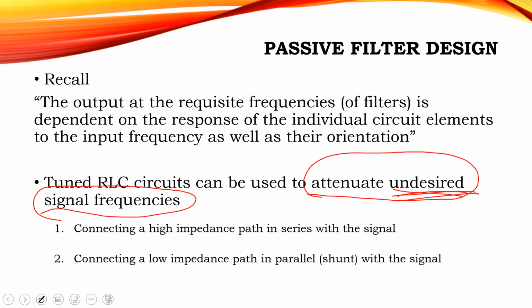So in other words, if I'm interested in getting low frequency output, it means that the tuned circuit that I will have in series would attenuate the high frequencies. And the tuned circuit that I would have in parallel would attenuate low frequencies.